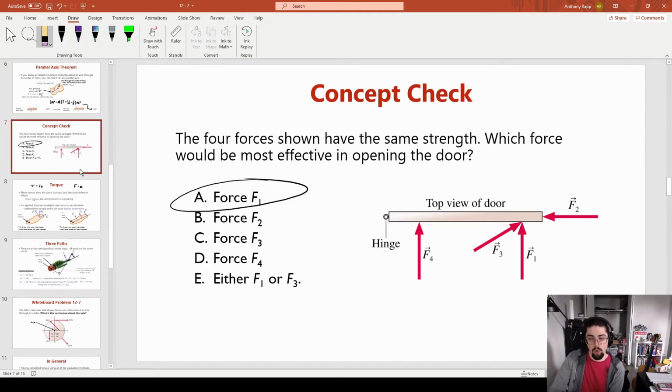Go back to our door description. If I'm supposed to be pivoting right here, and I've got my R vector pointing like this, here's exactly where we can use the same description. F2. This angle between F2 and R is 180 degrees. What is the sine of 180 degrees?